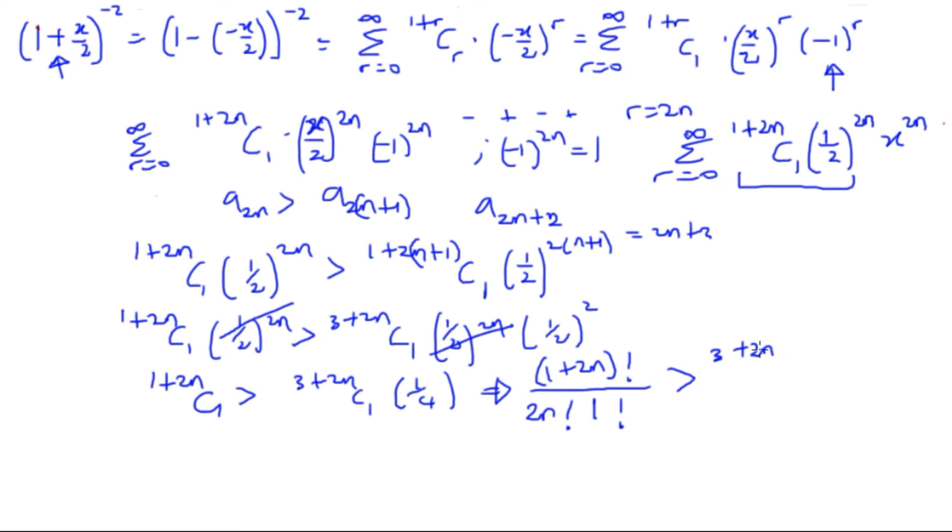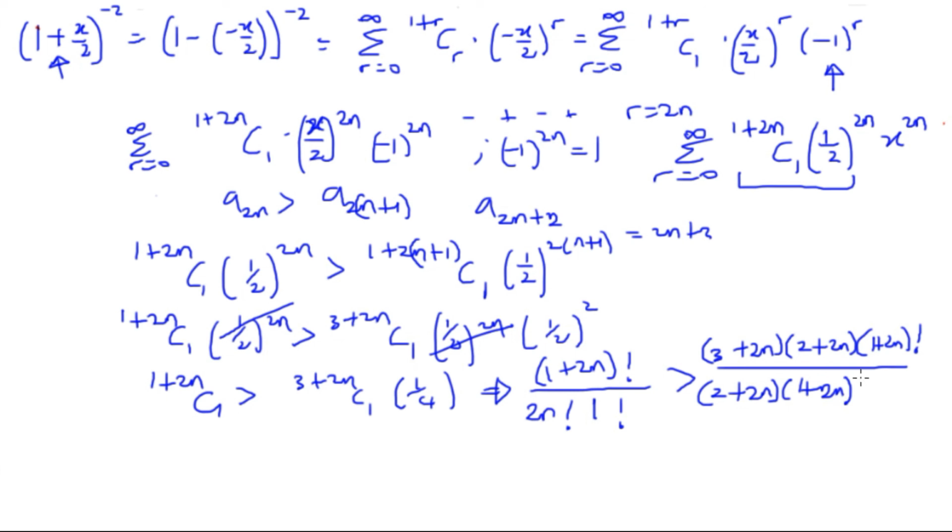I'm supposed to have factorial, but okay, let me just do it straight away since I already explained. So I should have 2 plus 2n, then the next one should be 1 plus 2n factorial, upon 3 plus 2n minus 1, that's 2 plus 2n factorial, which is the same thing as 1 plus 2n factorial.